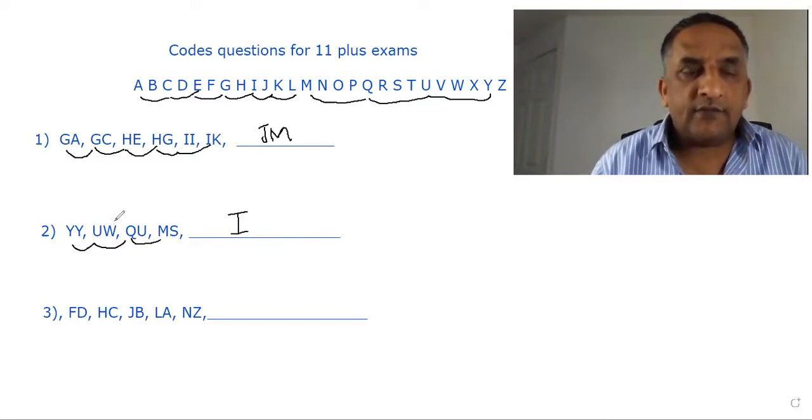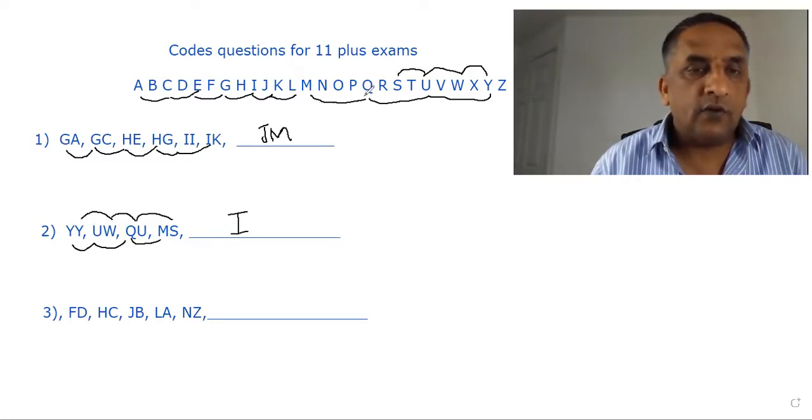Now we have to find the second one. We can see how the sequence is going. Y to W, W to U, and U to S. So it goes like Y to W, a backward gap of 1, then W to U is a backward gap of 1, and U to S a backward gap of 1.